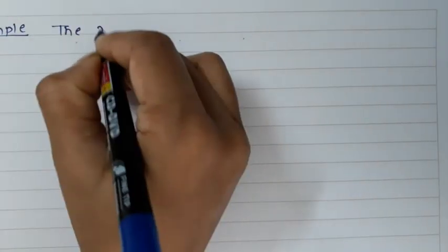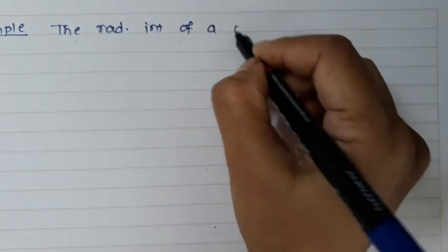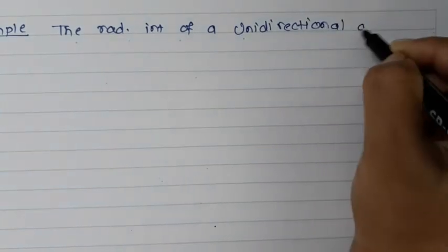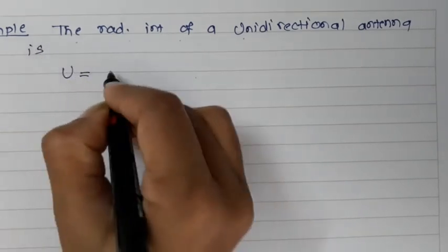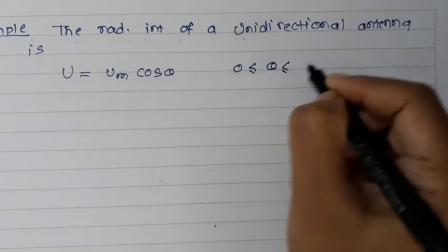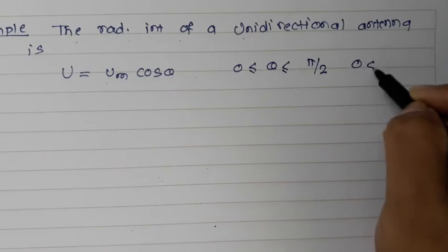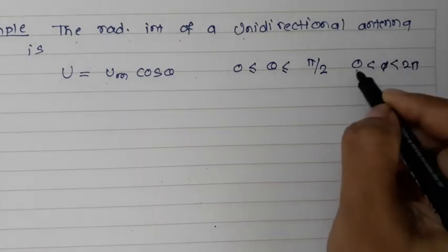So the example: the radiation intensity of a unidirectional antenna is U equal to Um cos theta, where theta lies between 0 to pi by 2, and phi lies between 0 to 2 pi.